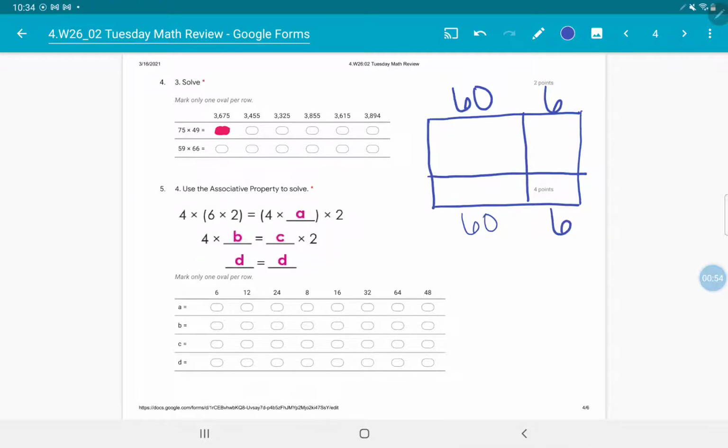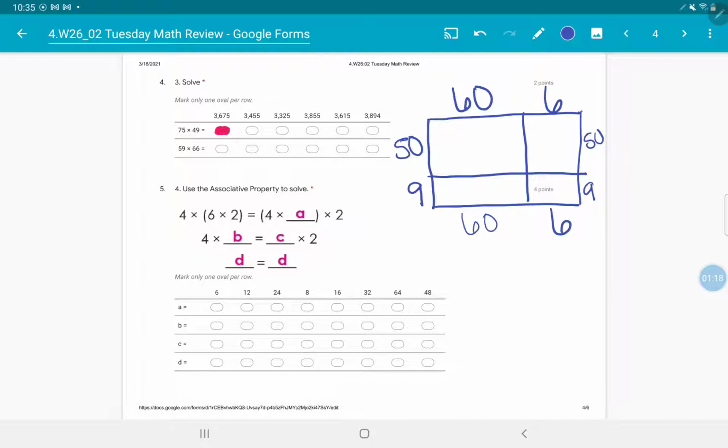Okay, and on our side, we had 50 and 9, which adds up to 59. If this is 50, what will this side be? 50. That's going to be 50 as well. If this is 9, what is this? 9. If it helps you to go ahead and label all the way around that rectangle, do it.